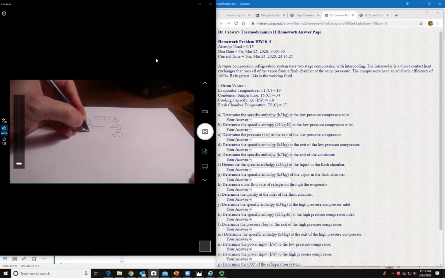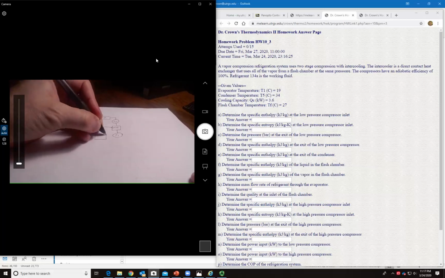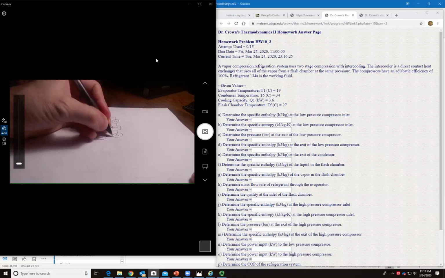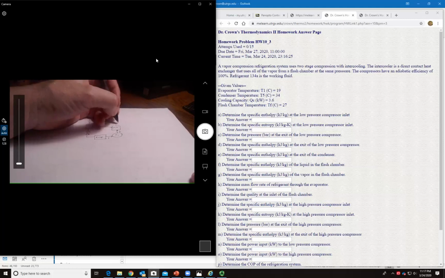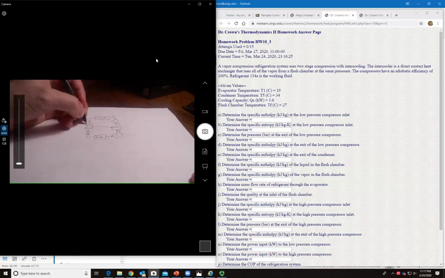The liquid will come out, go through another expansion valve, and then go into the evaporator. And then onto the compressor. So state 1, state 2, state 3, 4, 5, 6, 7, 8. And let's call this state 9.